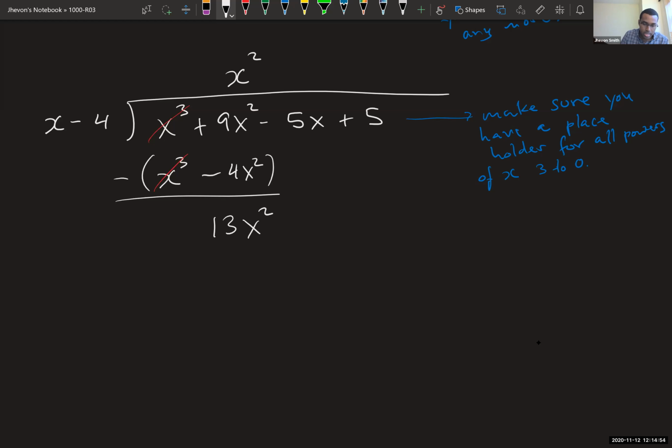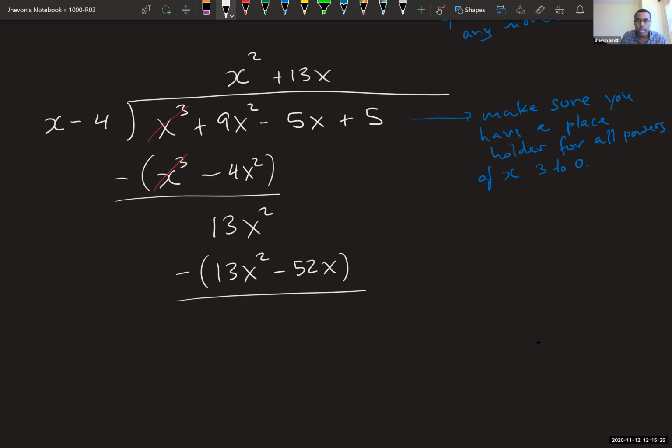So you take the x divided into the 13x squared, and of course you get plus 13x. Line that up over the x. Then I take that 13x and multiply everybody there. So 13x times x gives me the 13x squared. 13x times minus 4 would give me what? Minus 52x.